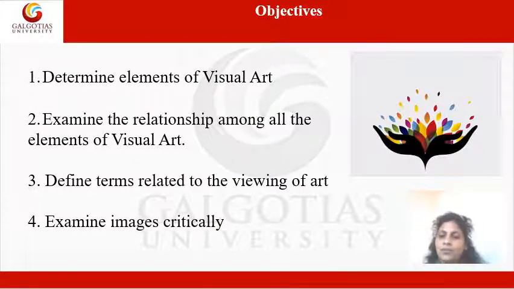The objective: after getting information about the elements of visual art, what benefit will there be for us? Definitely, as today's topic is the elements of visual art, we will be able to understand what elements are helpful in determining the specific characteristics or features of visual art.